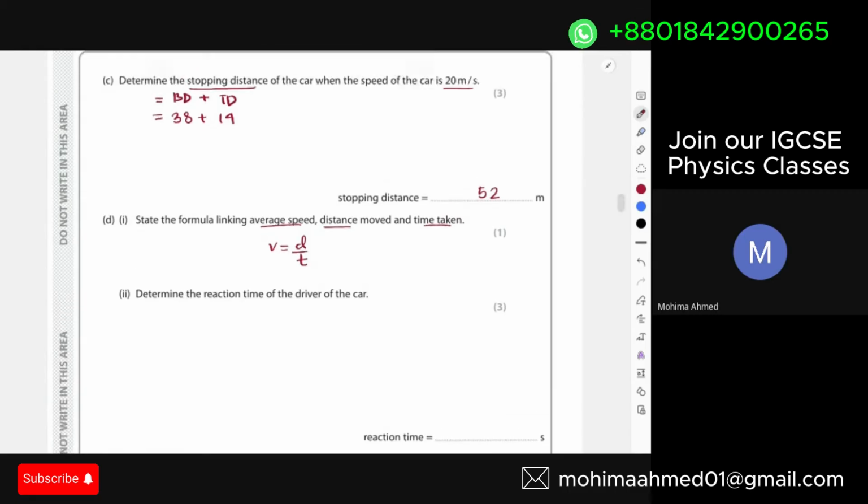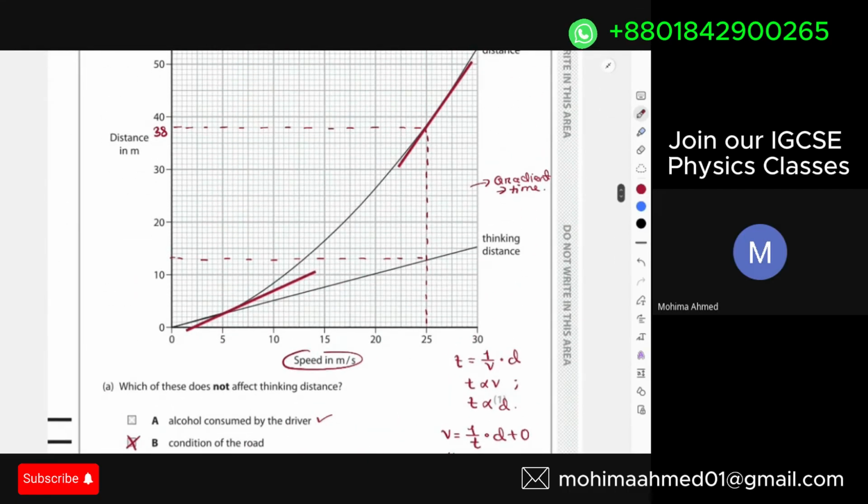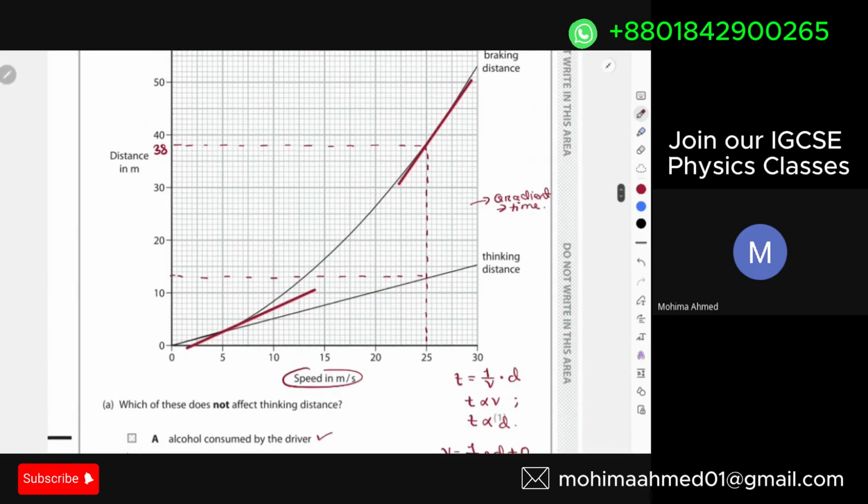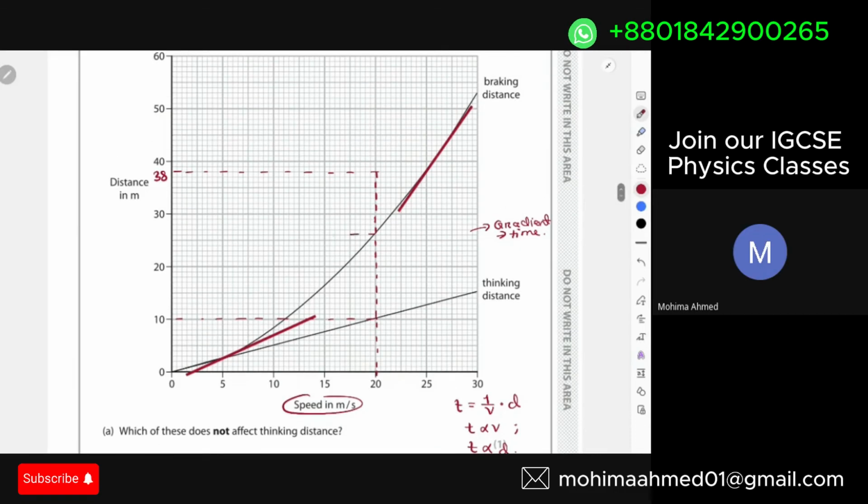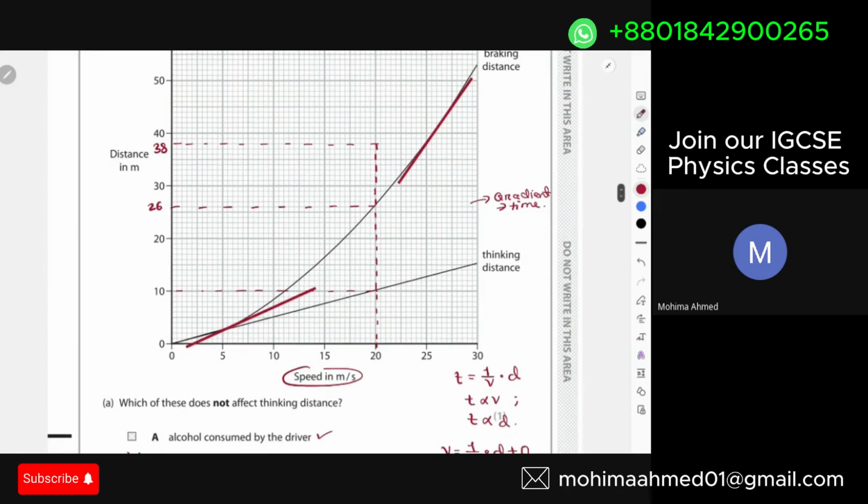Reaction time of the driver means that exactly at... I think I made a mistake. We're supposed to draw a line at this point, at x equals 20, not at 21. Sorry, one minute. In that case, we have 26 and 10, so this 38 will get cancelled out.